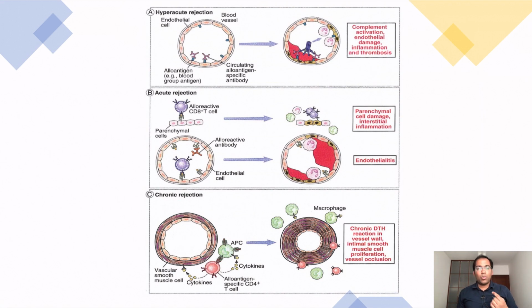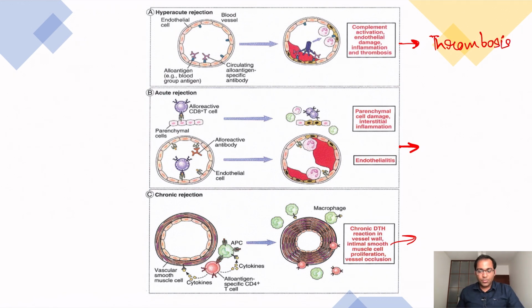Now this is the summary of the three types of rejection that I told you. If you just want to remember one hallmark pathology of each type of rejection, then in hyperacute rejection, what do we have? In hyperacute rejection, we talked about it, it occurs within minutes, and yes, you guessed it right, we have thrombosis. So here we have thrombosis, and that leads to necrosis and ischemia.